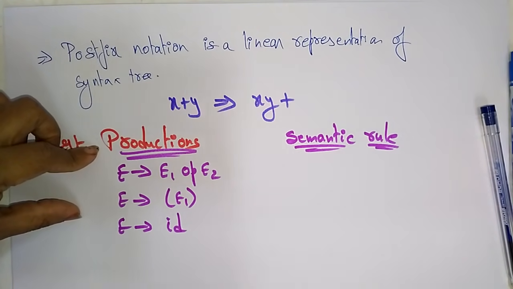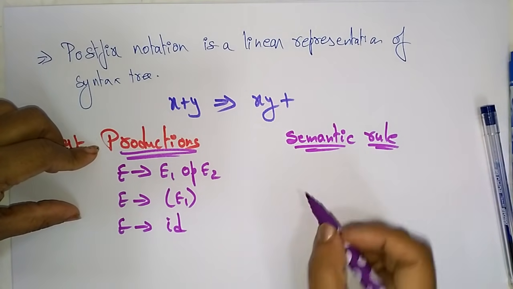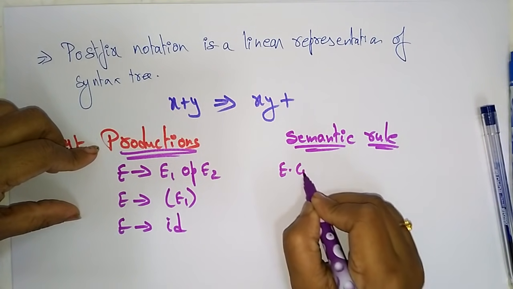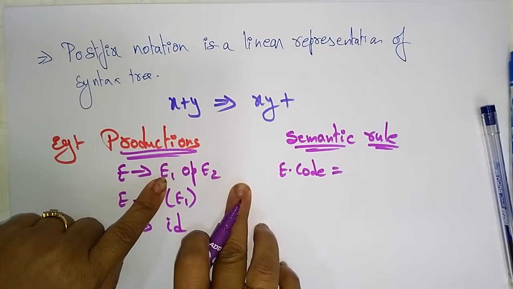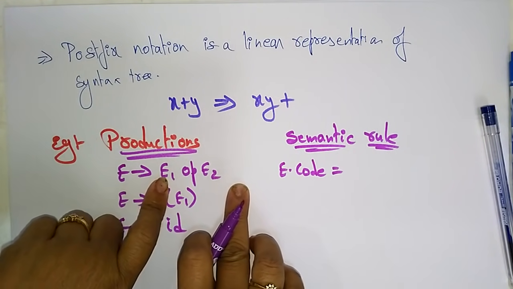Postfix notation: E dot code is equal to E1 dot code, E2 dot code, operator. You place the operator after the operands.